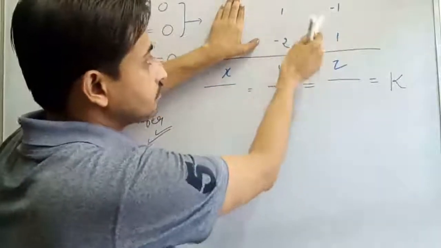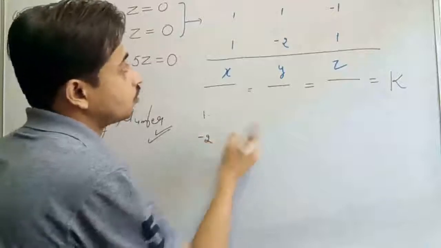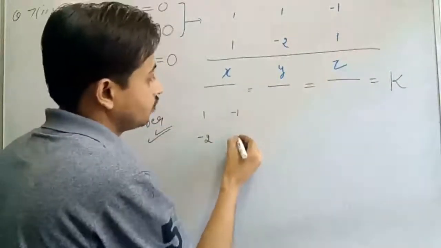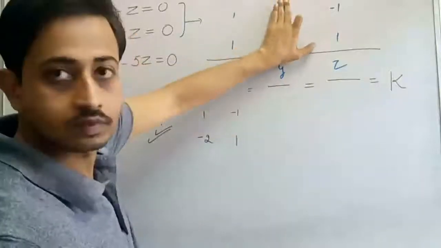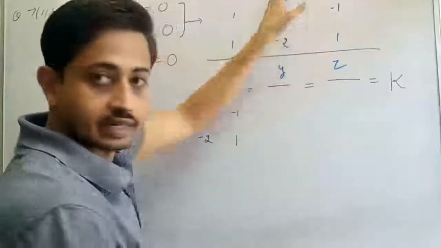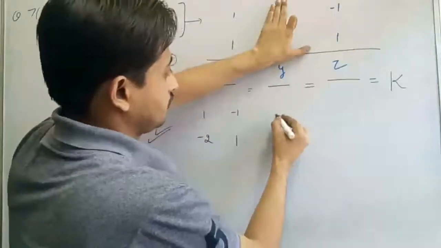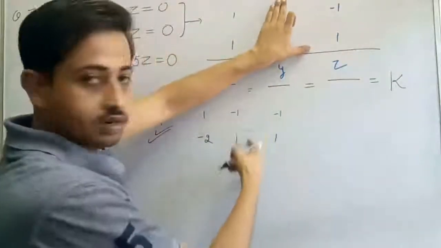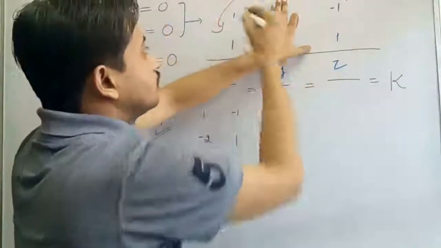You get this: 1, minus 2, minus 1 and 1. Now you hide this. What do you get? Taken in right-hand order, firstly you have to write first minus 1, 1. Then go to the next step.